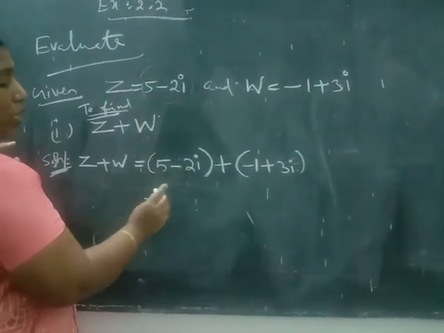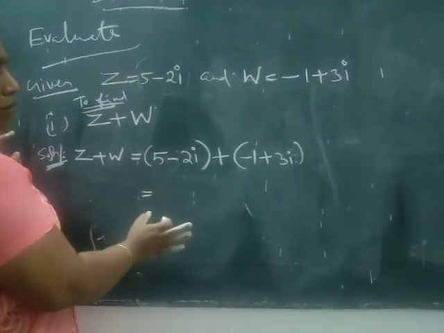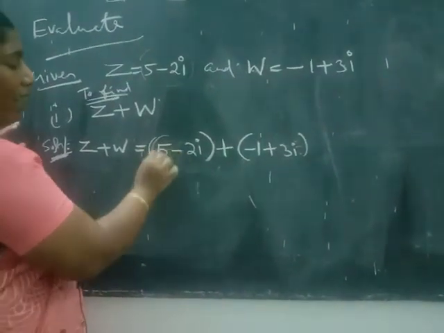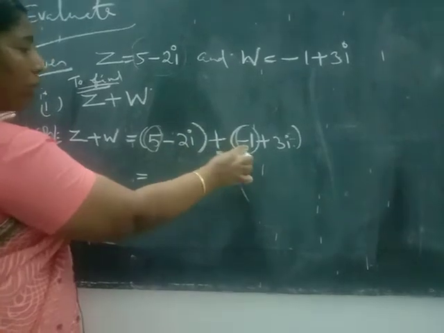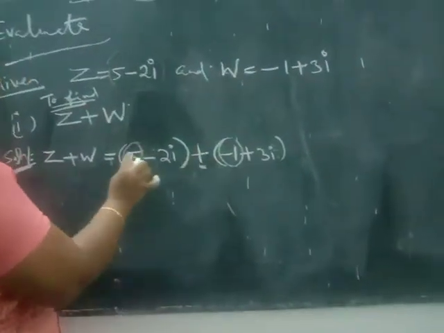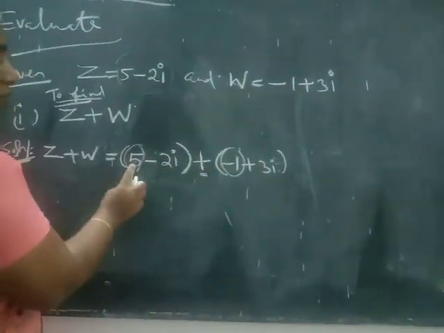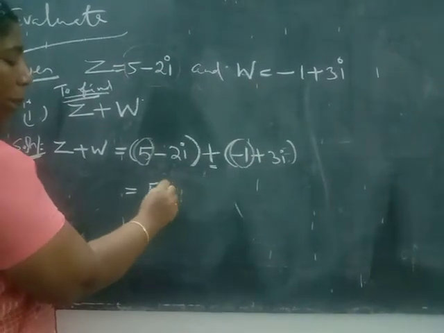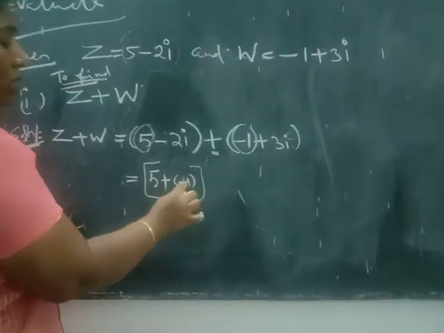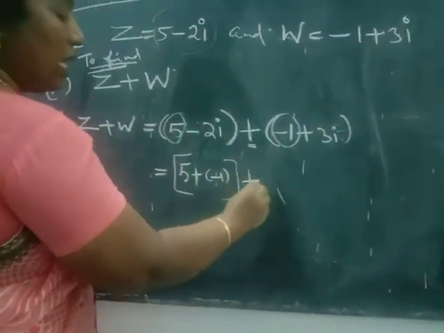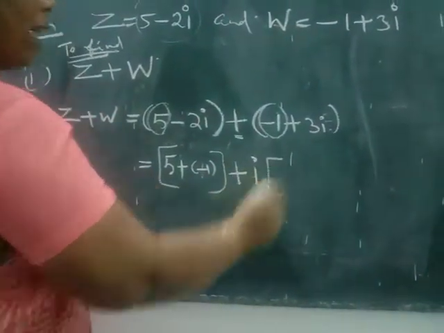If you want to add two complex numbers, first you have to add the real parts. What is the real part of this complex number? 5. Plus what is the real part of the other? Minus 1. So first you add the real parts. Next you have to add the imaginary parts.